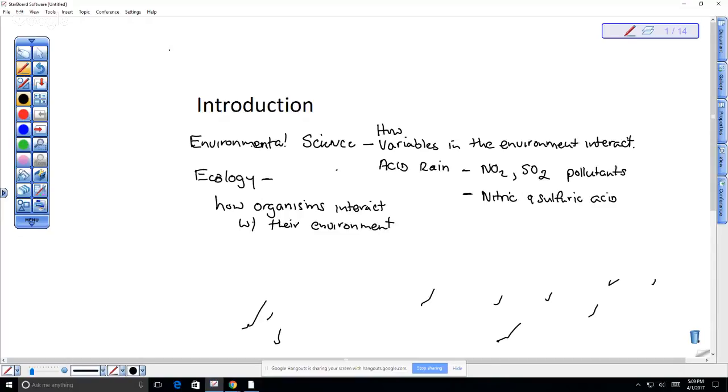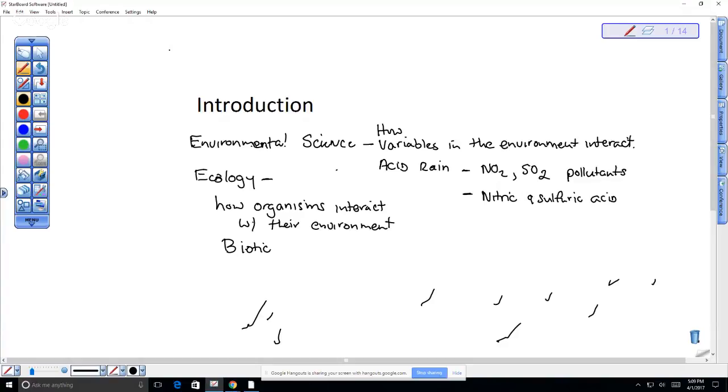Okay, so part of the environment is said to be biotic, and this is the living part of the environment. Those would be the things in our environment like plants and fungi and bacteria, and even viruses are somewhat living because they use living cells to reproduce.